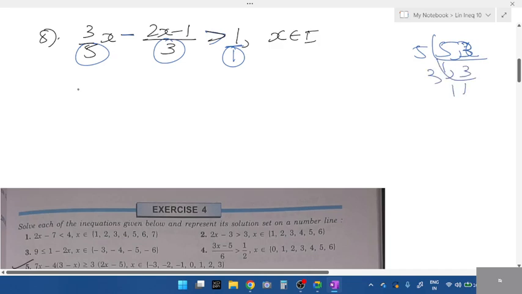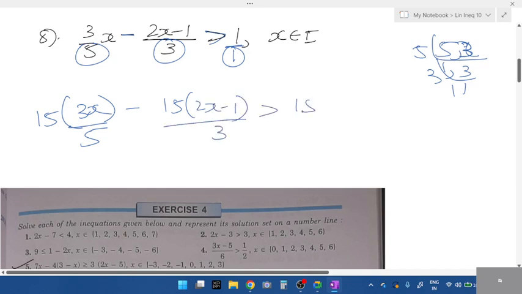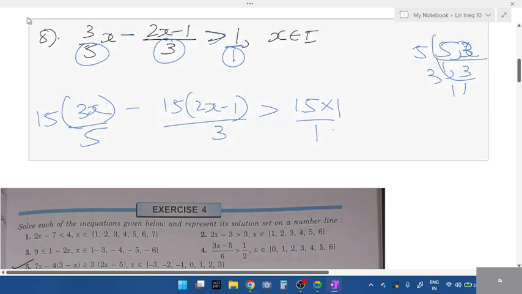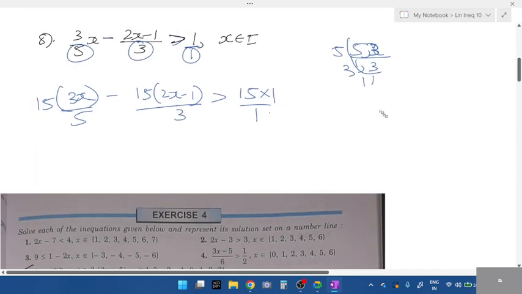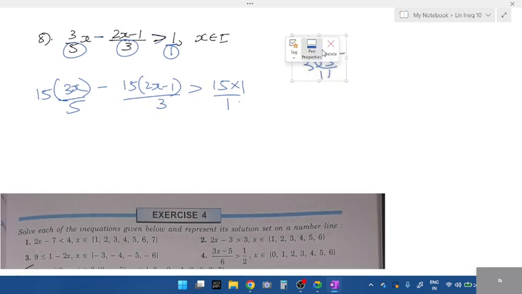So this 3x by 5, multiply 15 on all the 3 sides. 15 into (2x minus 1) divided by 3 greater than 15 into 1. Don't write it. This is one way of taking LCM. You can take LCM, multiply 15.